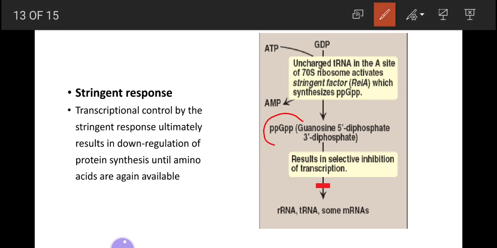This synthesis is catalyzed by the stringent factor, or RelA factor, from GDP using ATP as a phosphate donor, and this production of guanosine tetraphosphate results in inhibition of RNA synthesis. However, the synthesis of mRNA for the enzymes required for amino acid biosynthesis is not inhibited.